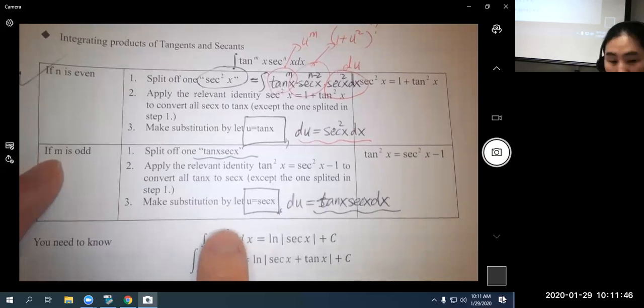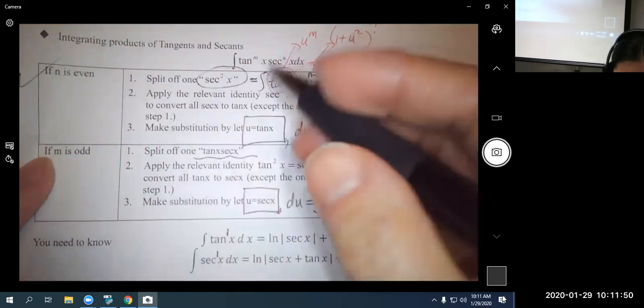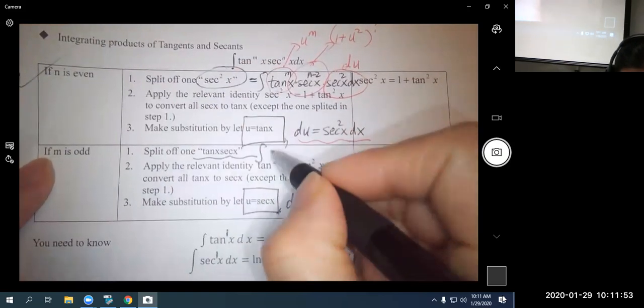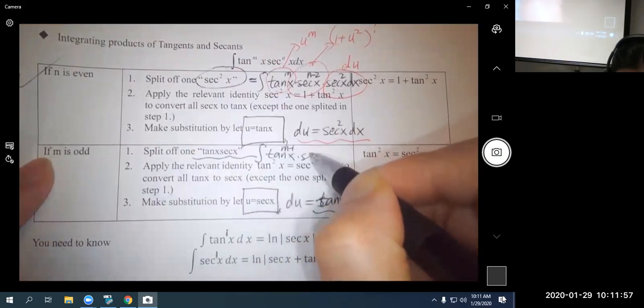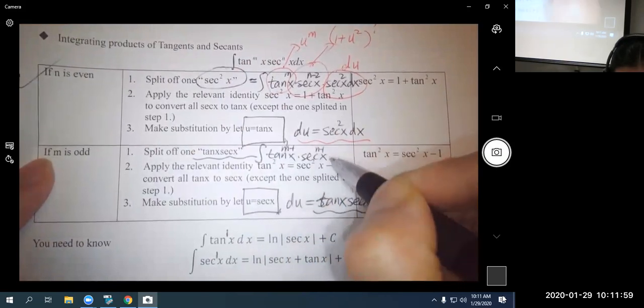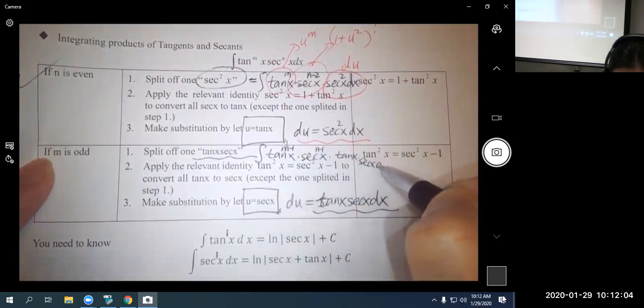So that means once we split out one tangent times secant, this integral becomes tangent of x to the m minus 1 times secant of x to the n minus 1, and then tangent of x times secant of x dx.